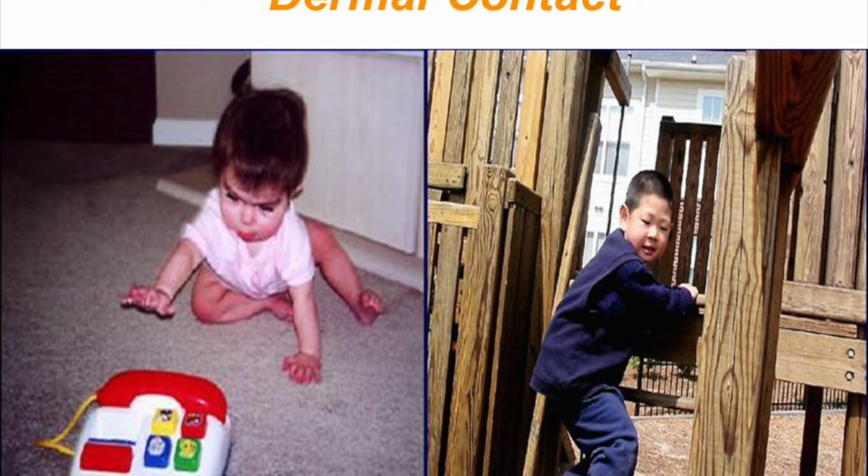On the right, an older child is playing on an older play set, I should say. And these types of play sets used to contain CCA material, which had arsenic and chromium. So by dermal contact, the kid can be exposed to a highly carcinogenic compound.